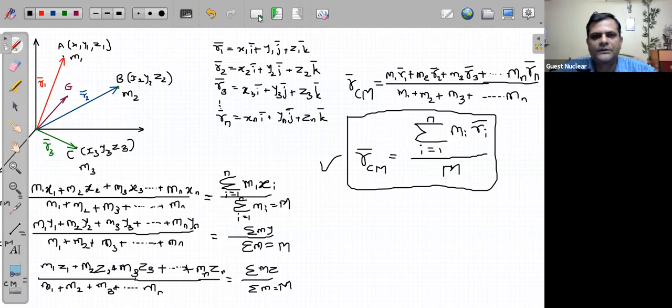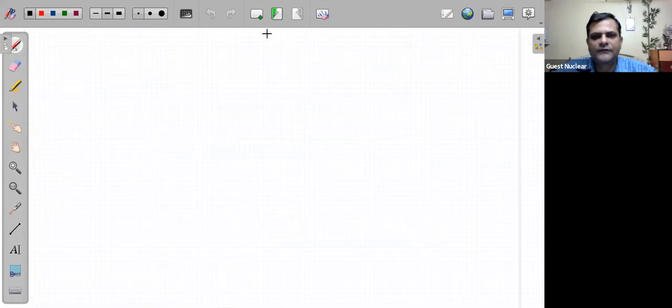But suppose the body consists of an infinite number of particles which are closely related with each other. For example, suppose there is a body in this way, a homogeneous body, imagine, its shape is irregular, we don't know how it is, but we want to find out the center of mass of this body.